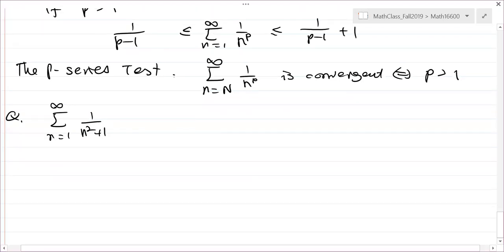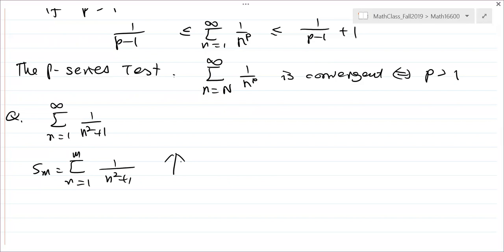First of all, this series is either infinite or finite. If it's finite, we call it convergent. It's because the partial sum is increasing: every term is positive. As long as it has a finite upper bound, then it's convergent. So why is this convergent?